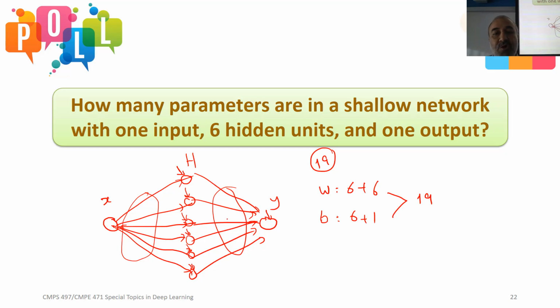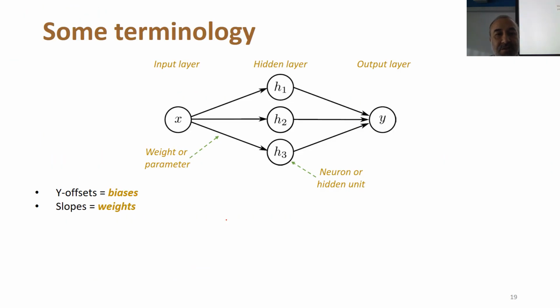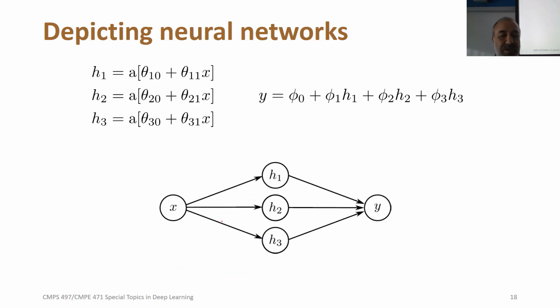Okay, let me show you. These are the equations, right? Where are the biases? Where are the weights here? Not only the slopes. These are weights, and also these are weights.